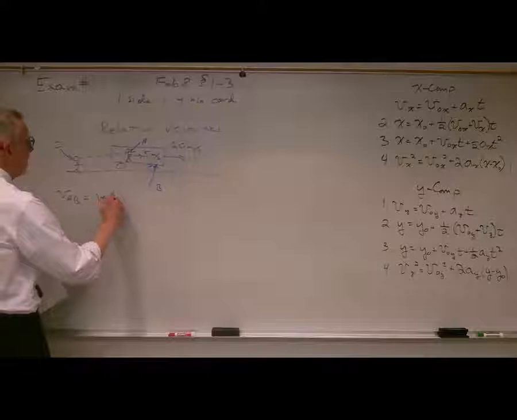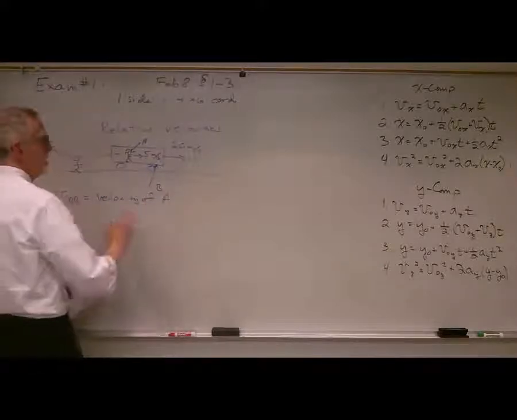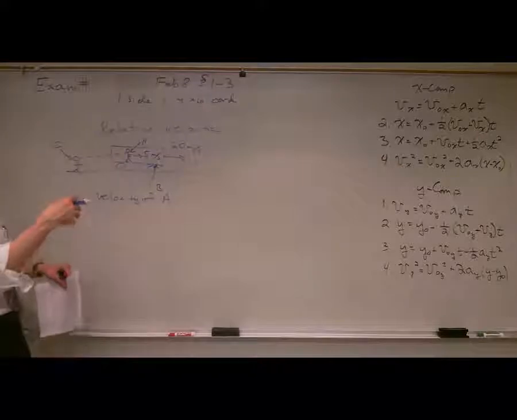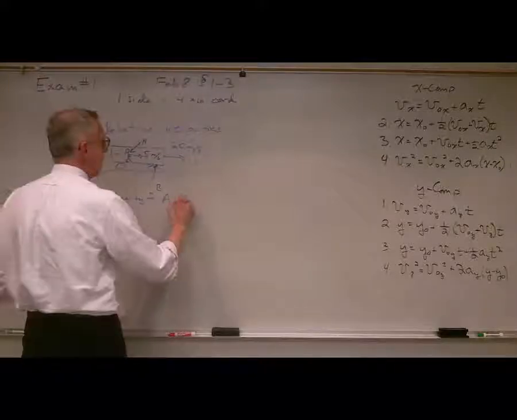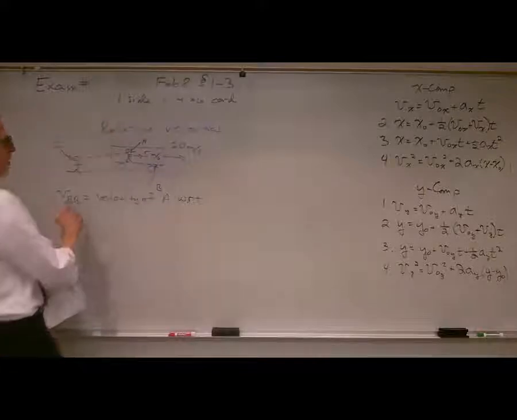So this is the velocity of A measured by, or with respect to, which I'll write WRT, B.